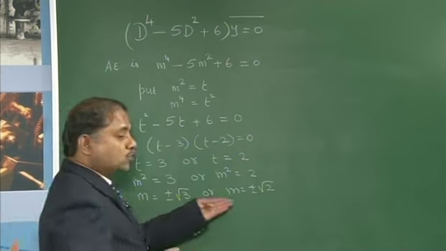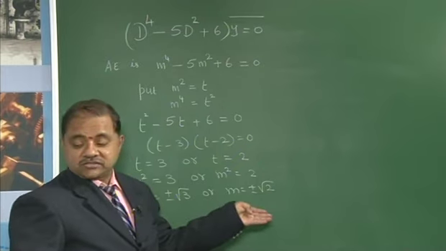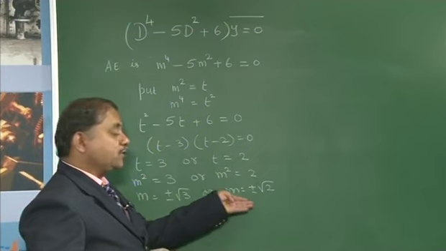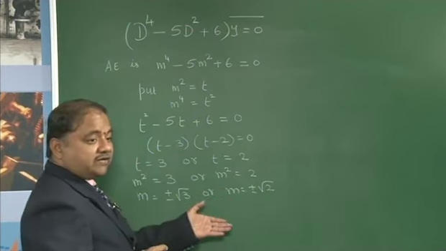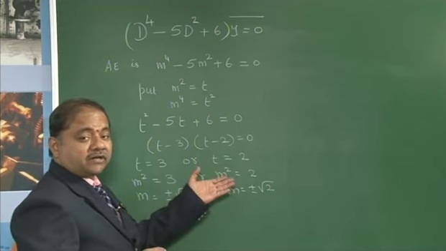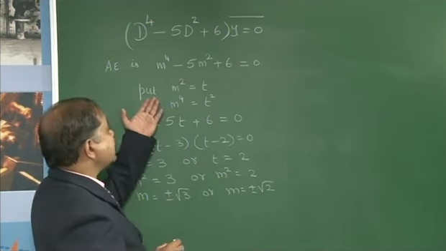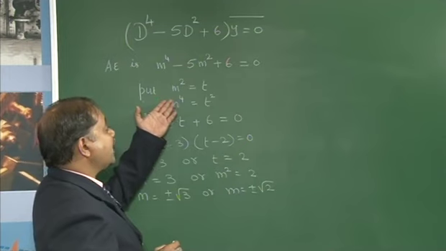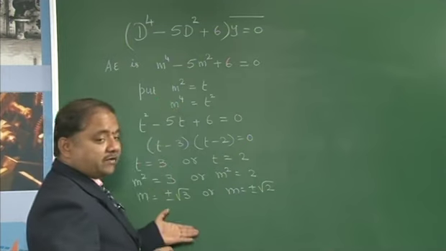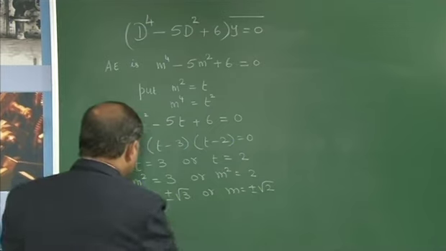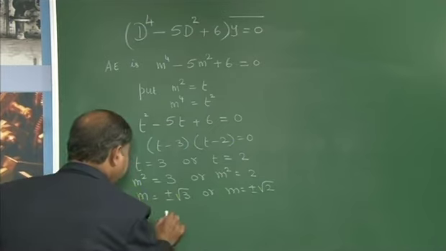There are 4 roots now, all 4 different roots. Am I right? You have not used any synthetic division, even though it is a fourth order equation. It is converted into second order by putting m squared as t, m power 4 as t squared. I got t values, I converted to m. So 4 roots. What is my CF?